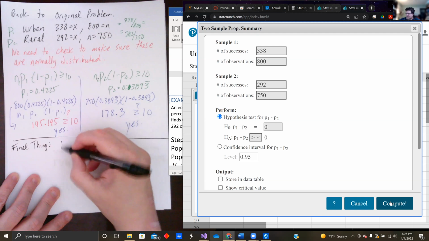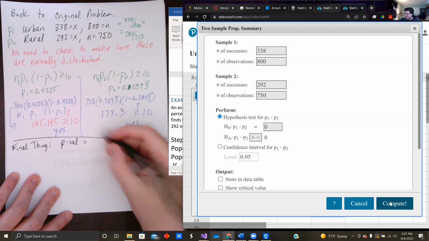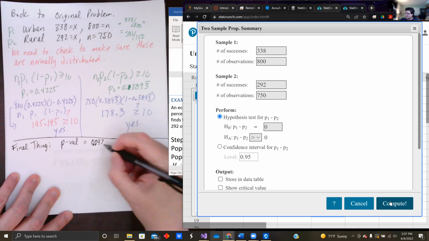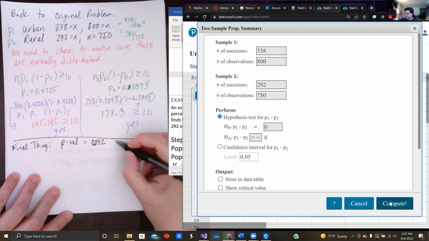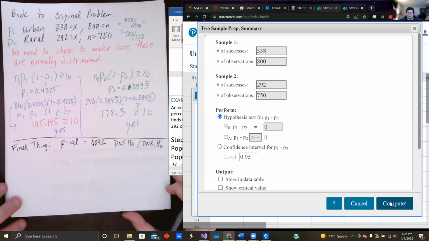So we had our p-value was 0.092. And we went with do not support HA, which also is do not reject H naught. How does the confidence interval match up?